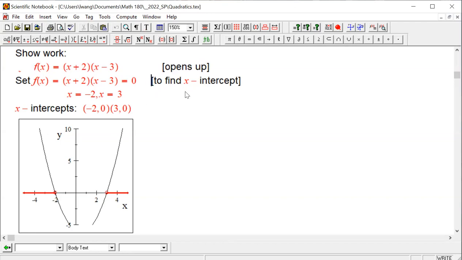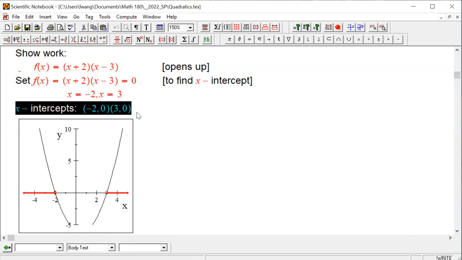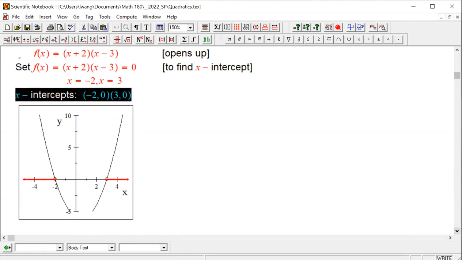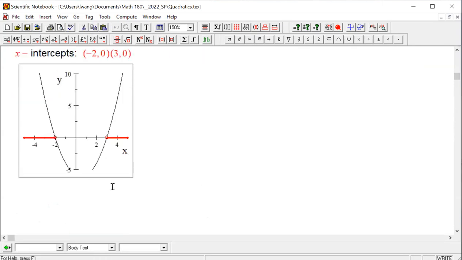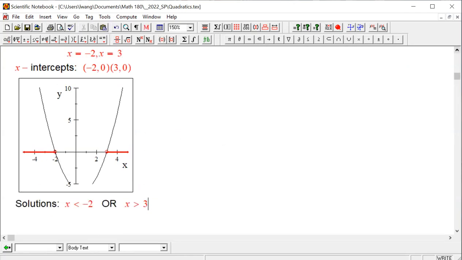And the parentheses in the brackets are optional for you to write down or not. You found the x-intercepts, and then you put them in the picture. Then you just tell the reader, hey, look, we want the product to be positive, and here we got it: less than -2, greater than 3.